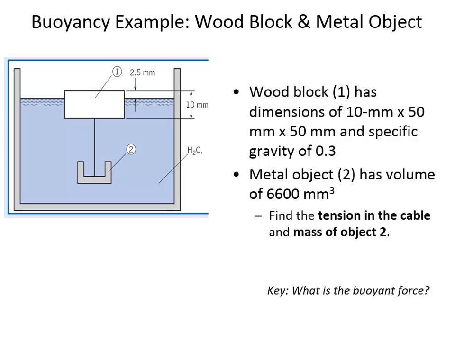So the buoyant force acting on object 2 is simply the volume of water displaced multiplied by the unit weight of the fluid that's displaced. So we know that the volume is 6,600 cubic millimeters, and we divide by 10 to the 9th cubic millimeters per cubic meter.